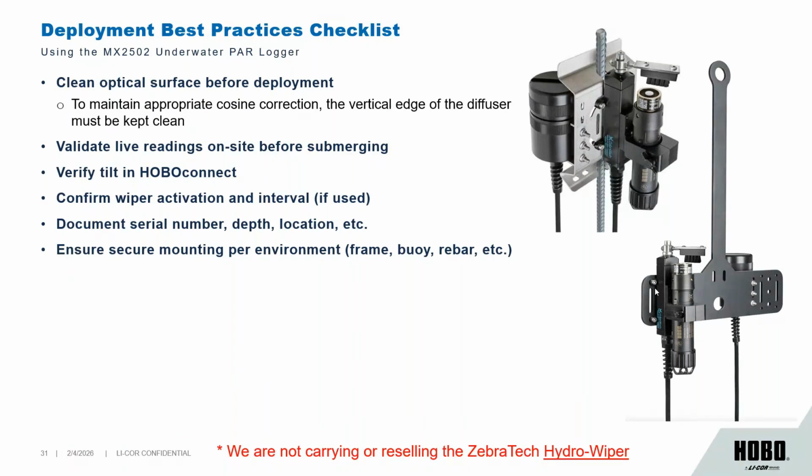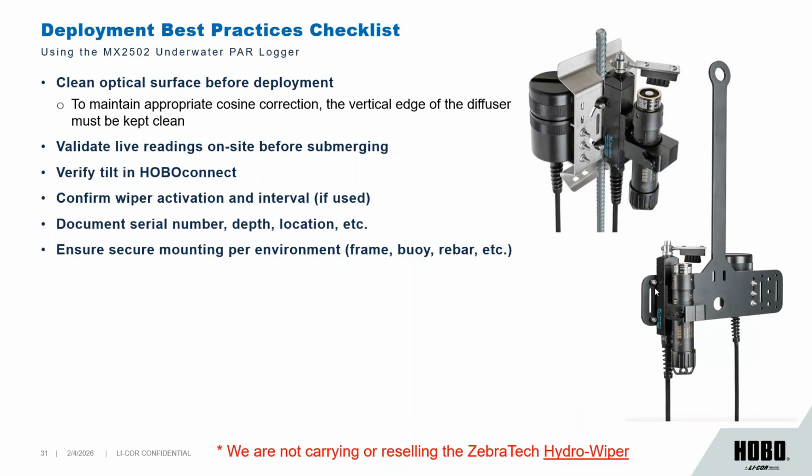It's always good practice to verify live readings before submerging to help catch any potential setup issues. Tilt, again, once you have your setup, look at the tilt measurement. The mounting stability, and if you use a wiper configuration as well, all play a role in long-term data quality.